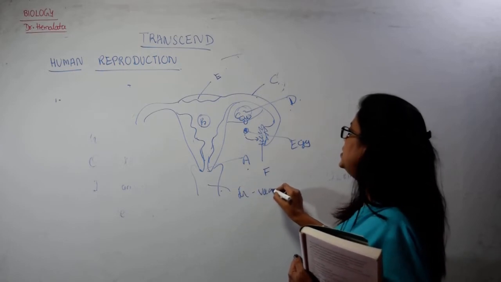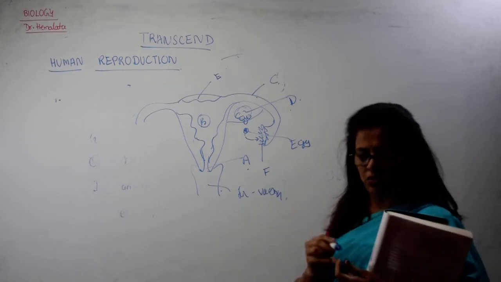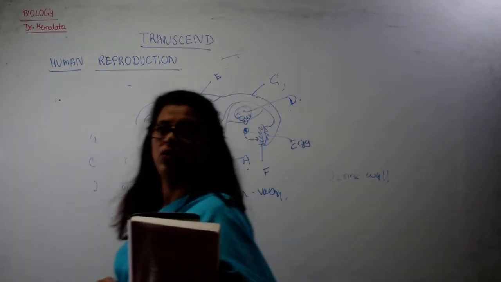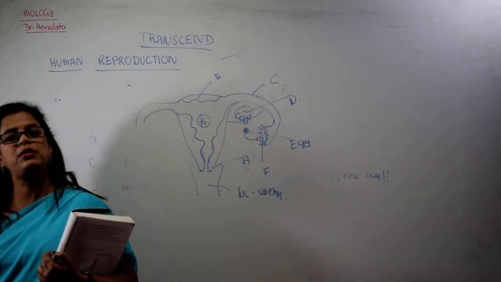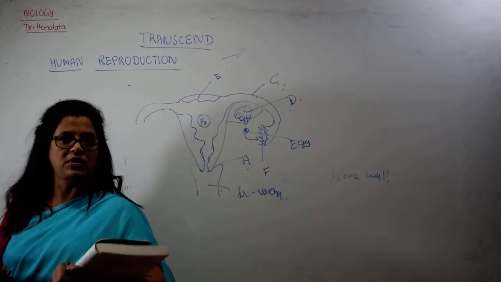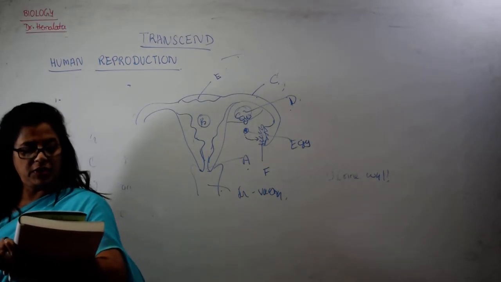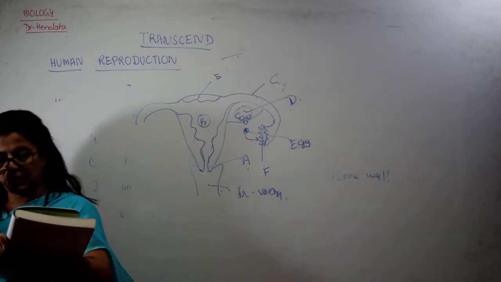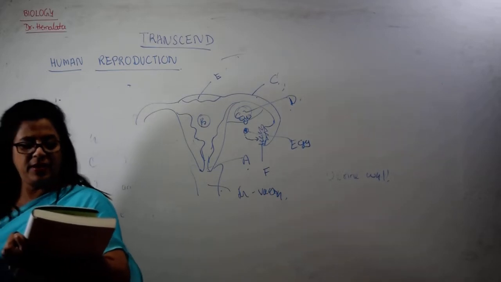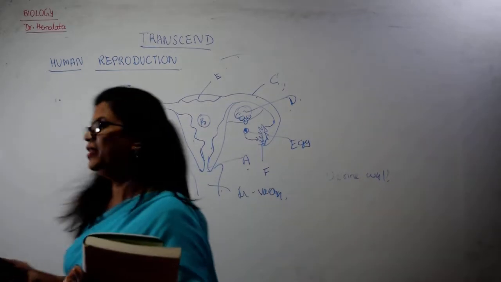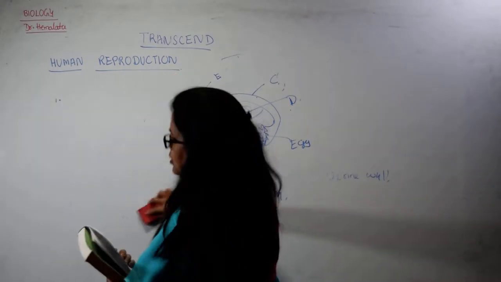Like that, every part you should know. I have already given you the drawing in detail. We have already discussed it. Any doubts, you can please ask me the questions. So option D is right because A is cervix, B is the uterine cavity, C is the fallopian tube, D is the ovary. Right? Done. We will now move on to the next question.